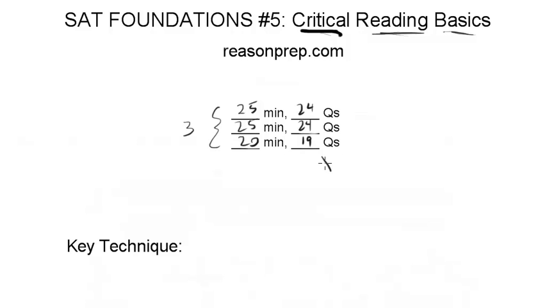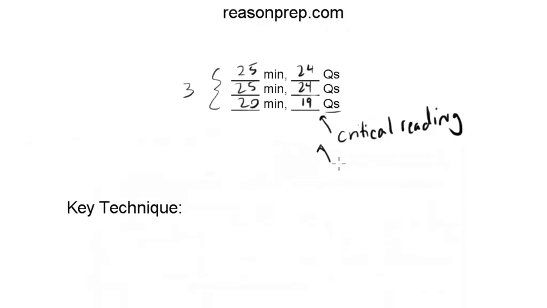Now the number of questions is broken down into both critical reading questions, and that's the passage-based reading where you have to read a passage and answer questions based off of what you've read. And then you've also got your sentence completions, which is very vocabulary focused. You've got to read a sentence and then put in the appropriate words from the choices into the blanks that best fit the sentence based off of what the sentence is trying to say.